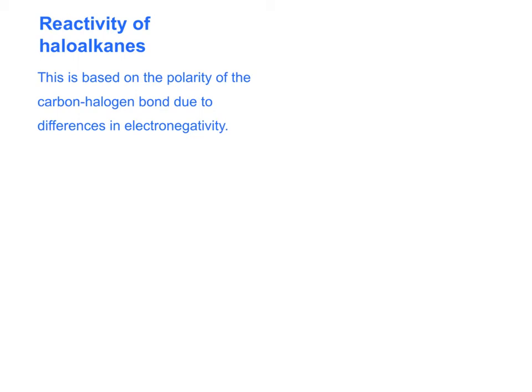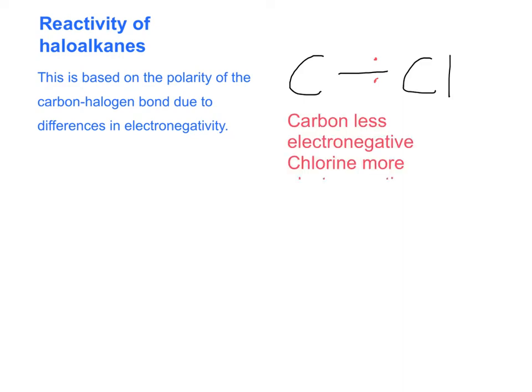So if we look at carbon and chlorine, for example, if we put a bond pair on that bond, the electrons are going to be pulled closer to the chlorine than they are to the carbon. So if we put the permanent dipole in, it's going to look like this.